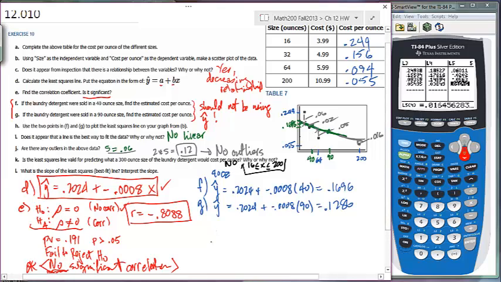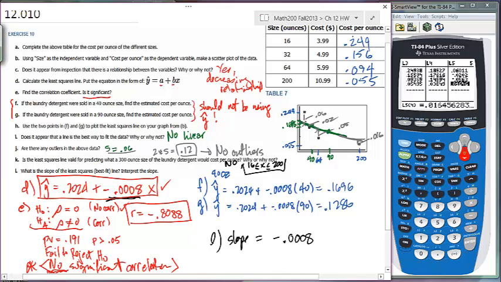And then for the last one, L, what is the slope of the least squares line? Slope is equal to that number next to the x, so that's a negative 0.0008. And interpret the slope.